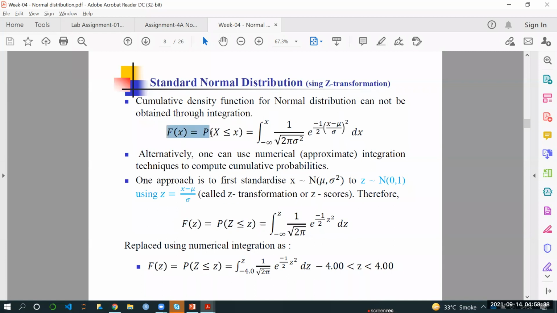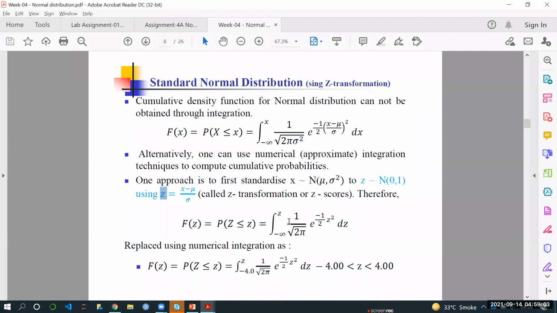In place of integrating this complex function, we have another function which is a bit easier. This is called the CDF for the standard normal distribution. You see, in place of sigma square we have nothing, which means sigma square is equal to 1, and in place of mu we put 0. So (x minus mu) divided by sigma is replaced with z, and it becomes z square.